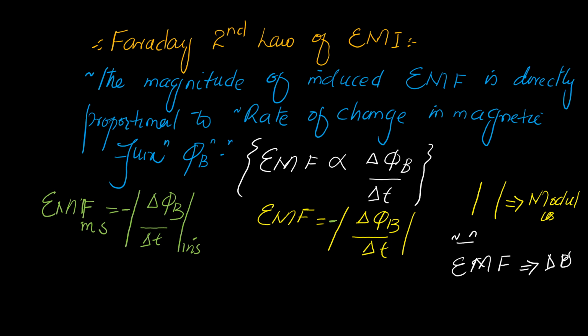This means that the direction of electromotive force will be opposite to the change in flux. There is a law used to explain the negative sign, and that law is known as Lenz's law. We will explain Lenz's law in our lecture about Lenz's law. So the induced EMF will be equal to the negative of the rate of change of magnetic flux.